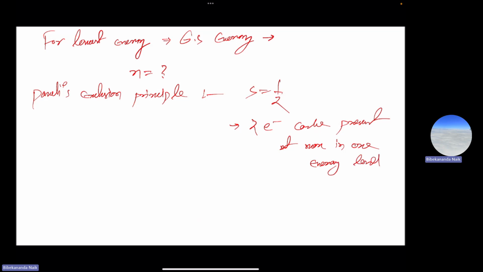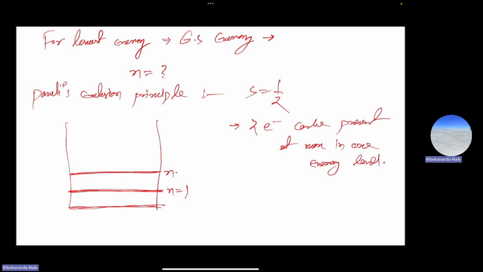So suppose this is the box. Again, since n is not 0, we will start the ground state here. This is n equals 1, then n equals 2, n equals 3, n equals 4.